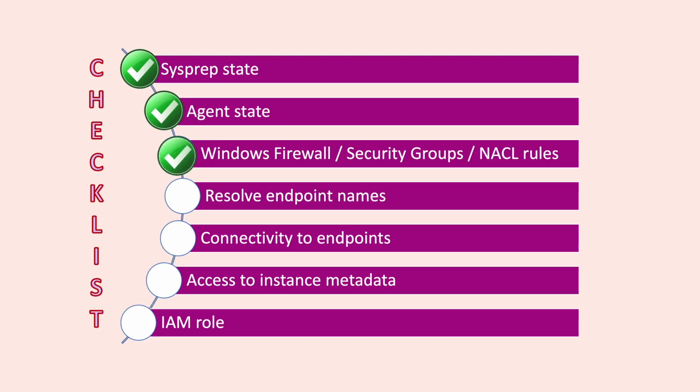With the firewall rules in place, we'll verify if the DNS server configured for the instance is able to resolve SSM public endpoint names to public IPs in the Amazon IP range.